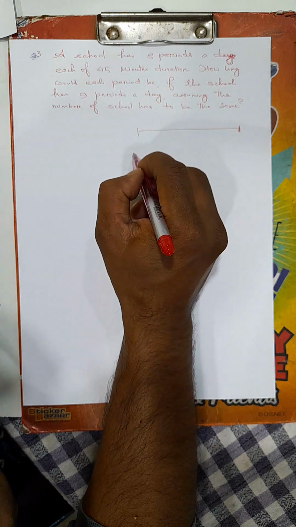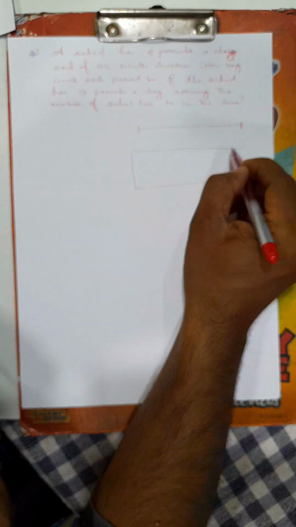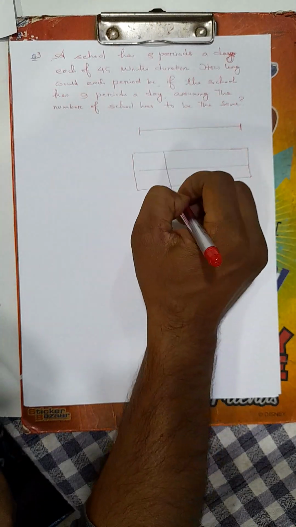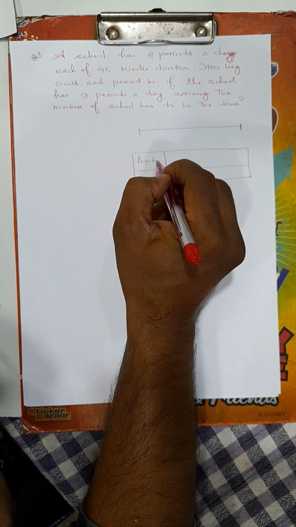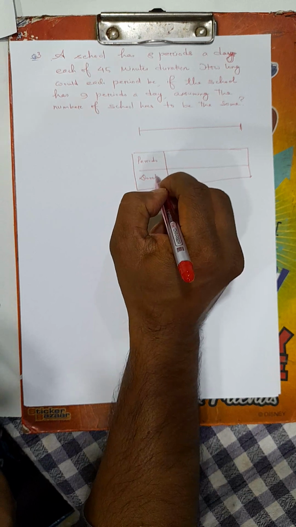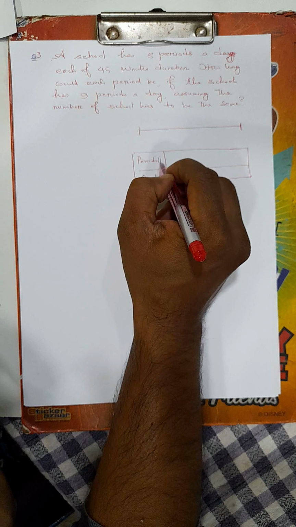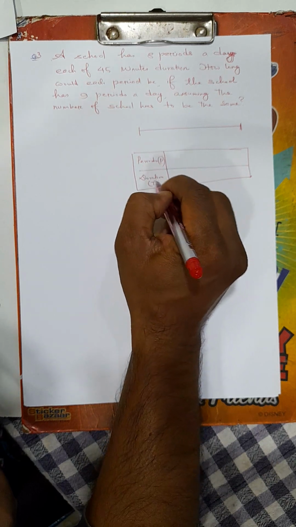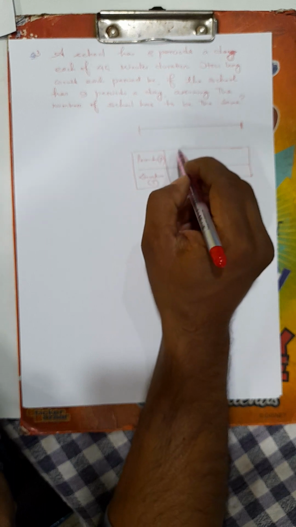So we can make a table here, find the relation between two things here, periods and duration. Right? So it is P and this is T. Duration means time. So number of period and duration.